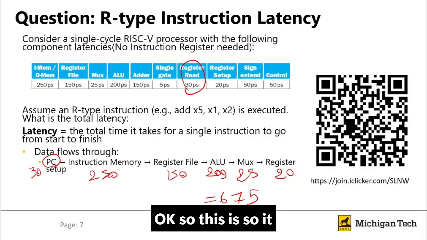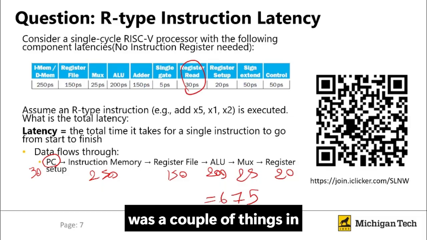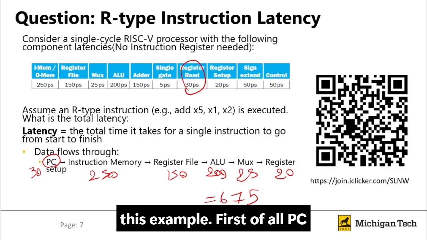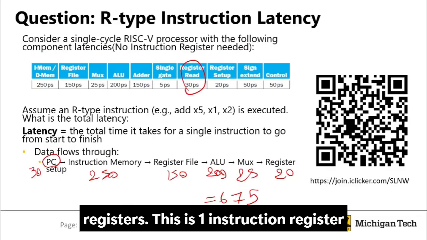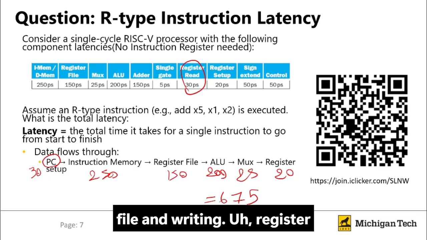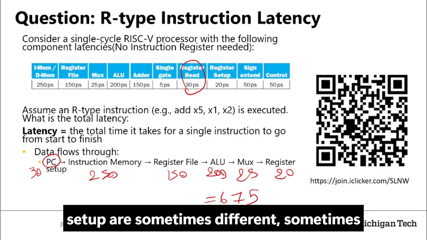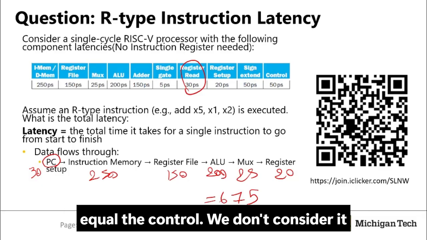So there were a couple of things in this example. First of all, PC is at the same time as reading registers. This is one. The register file read and the register setup for writing are sometimes different, sometimes equal.